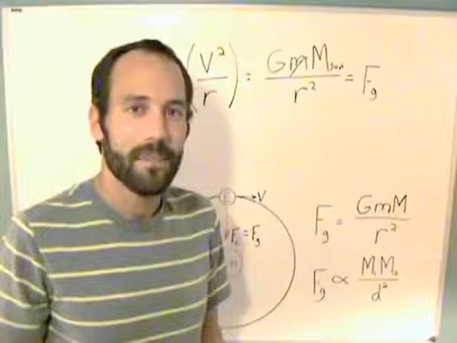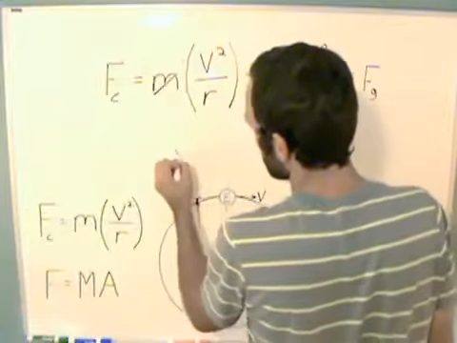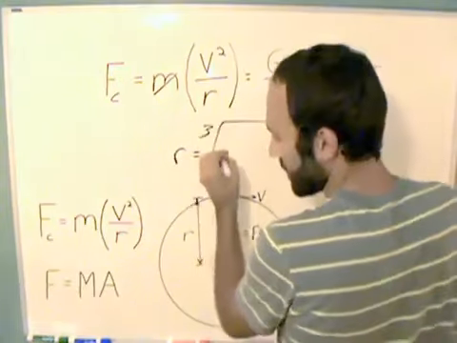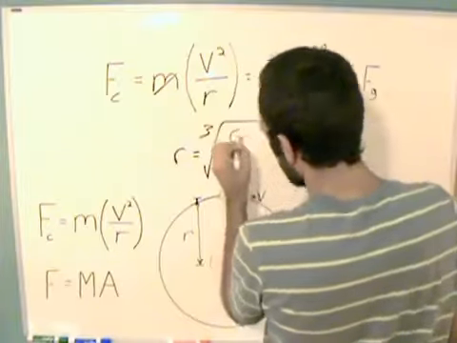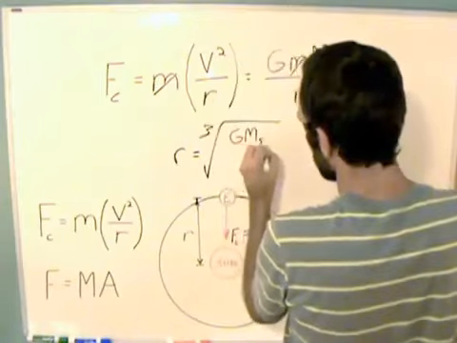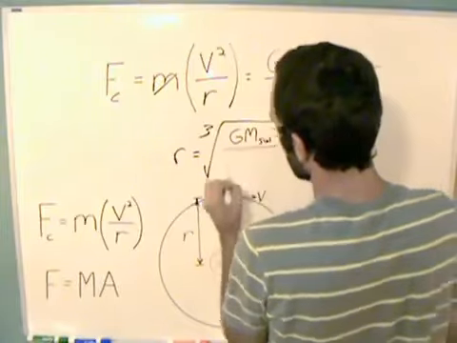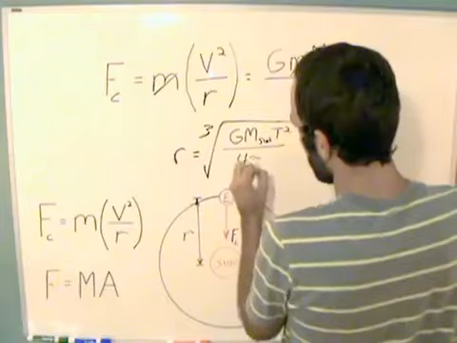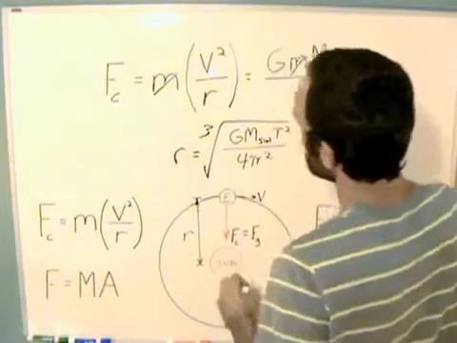This doesn't make sense. But if you go back to that equation that I showed, you say R equals the cube root of G, which you can solve from this, just to show this again, times the mass of the Sun, times the period of the object orbiting the Sun, how long it takes to go around one time, divided by 4 pi squared.